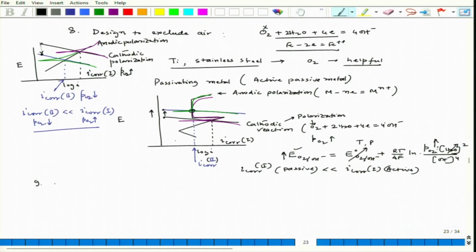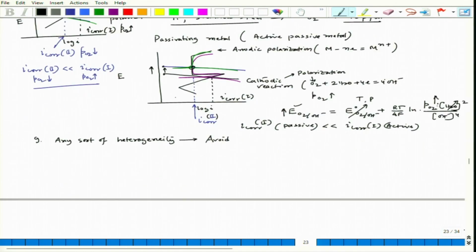Now, ninth point is any sort of heterogeneity, that should be avoided. Like if we consider inhomogeneous alloy, a component with inhomogeneity in composition, that can have pitting susceptibility.